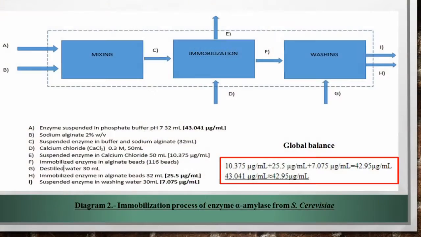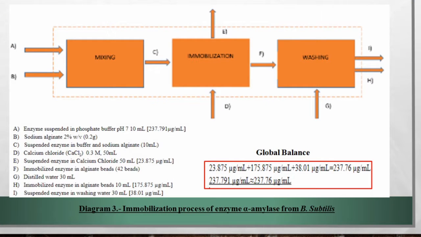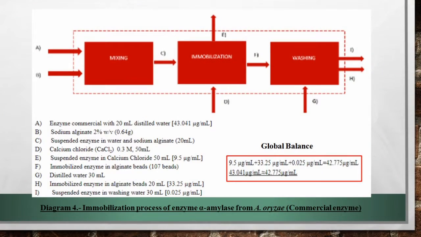Diagram 2 shows the process of immobilization of alpha-amylase enzyme from Saccharomyces cerevisiae. Diagram 3 shows the process of immobilization of alpha-amylase enzyme from Bacillus subtilis. Diagram 4 shows the process of immobilization of alpha-amylase enzyme from Aspergillus oryzae.